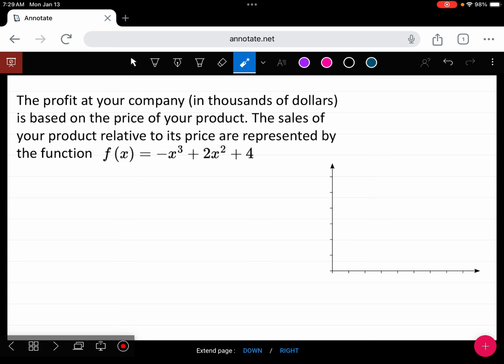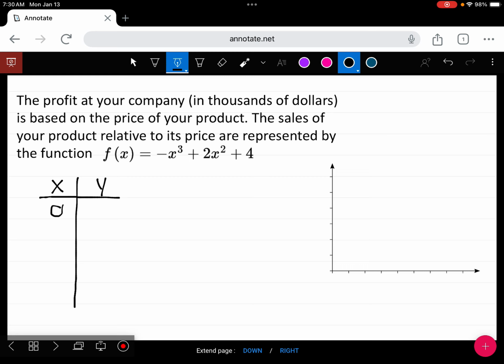Business-wise, that is a bad idea. So if we're looking at this kind of thing and we're trying to figure out what's going on with our profit for our company, and we want to make a table to graph it, what values should we pick to do like we did in the bell work? Because we're going to fill in a table, but I didn't give you one this time.